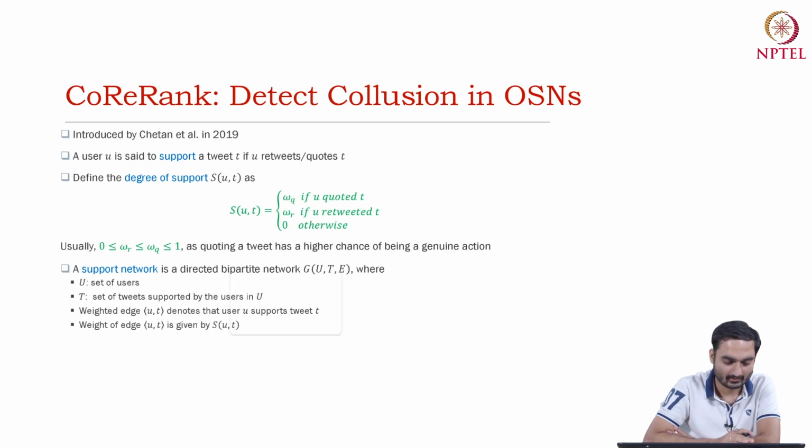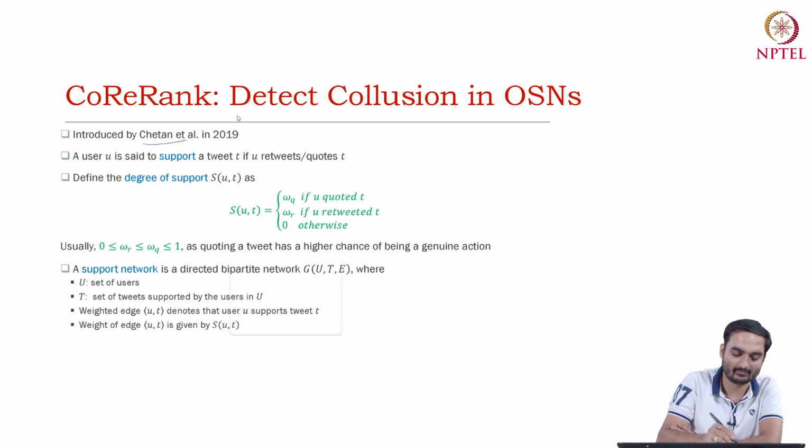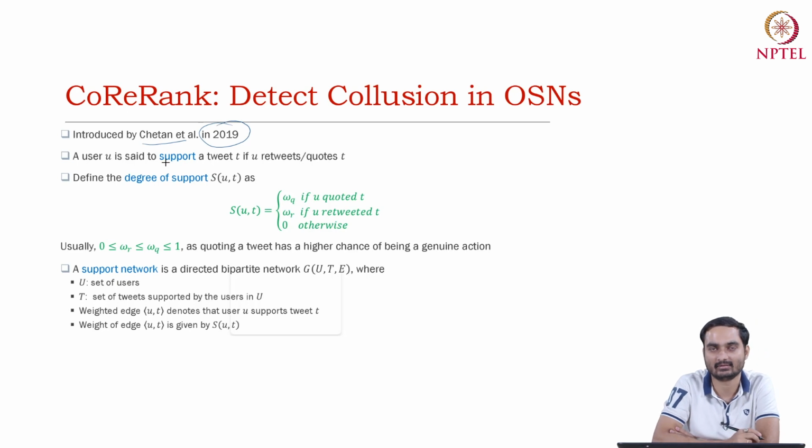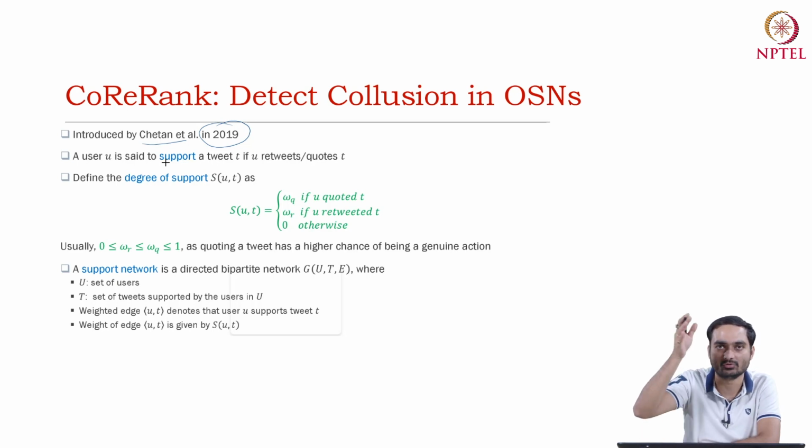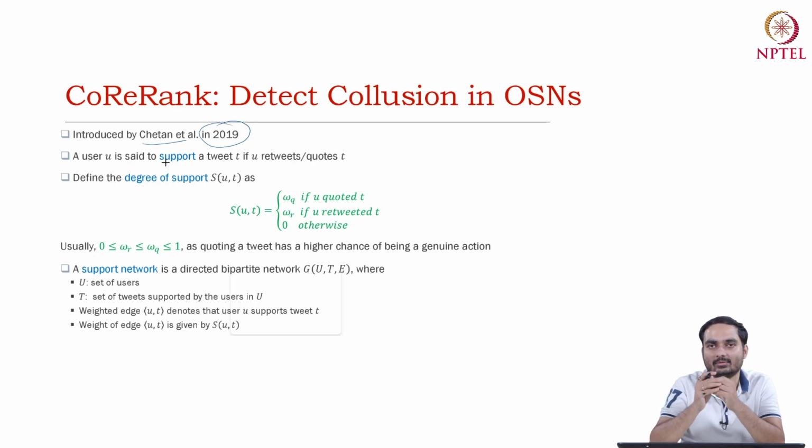This was proposed by my team in 2019 and published in the WSDM conference. What it does is first create a user-post bipartite network. From the bipartite network, it measures two quantities: one is called the credibility of a user, the other is called the merit of a tweet. I will discuss what this means; I'm just giving you an overview of the algorithm.